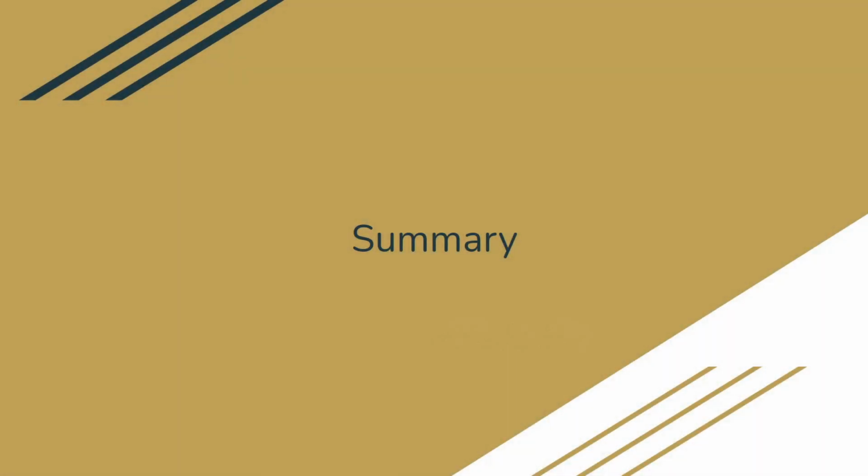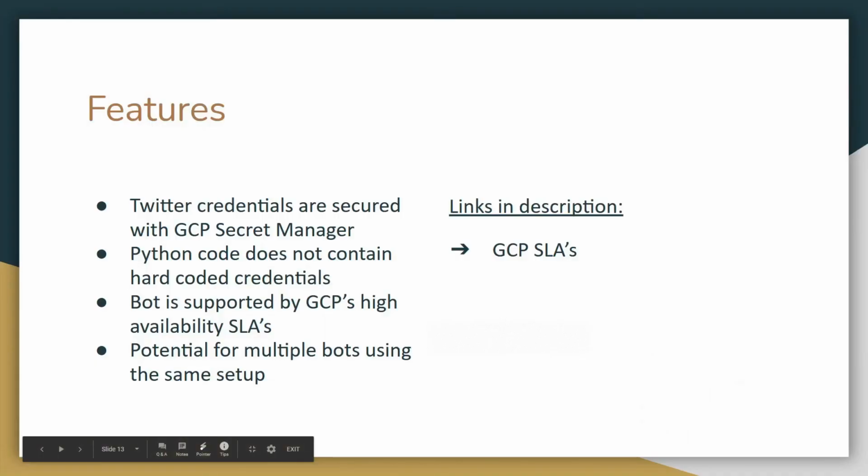So now the test is complete, let's summarize what we've gone over today. Firstly, let's go over the features we now have as part of our Twitterbot deployment. First of all, our Twitter credentials are secured with GCP Secrets Manager and all of the security assurance that brings. Our Python code does not contain any hard-coded credentials, which a lot of traditional Twitter bots did have.